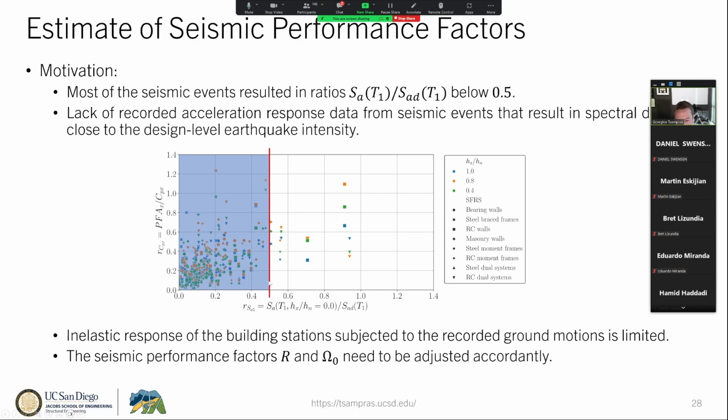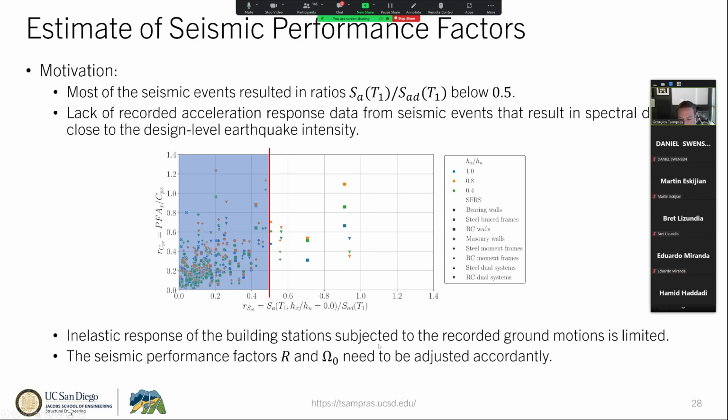So you can see that we have most of this data related to 50% or less in terms of this ratio. So there is a need to do a fair comparison and assessment of the design methods, to modify some of the parameters associated with these computations. And this is basically the effort that we emphasized on this latter stage of our project.